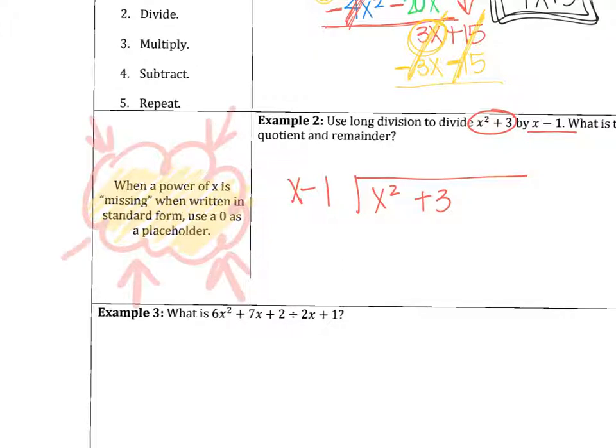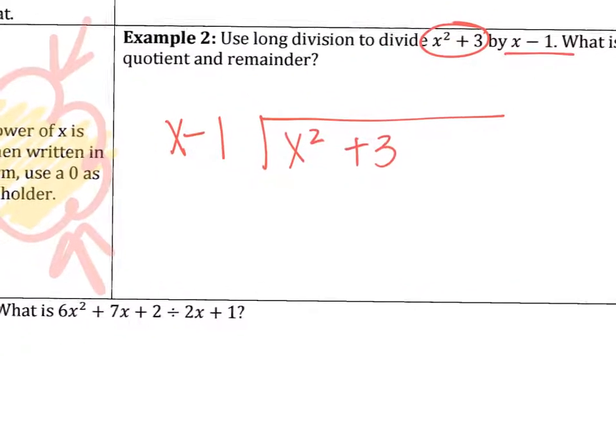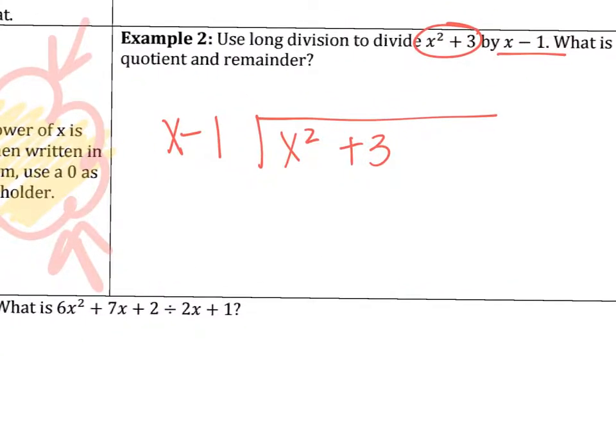This is important. So I've got x squared, but I'm missing an x. So instead, I'm just going to say plus, I've got 0 x's. I've still got to have them there, but I've got 0 of them. And then I still have the plus 3. So that's what it means by adding a 0 placeholder.